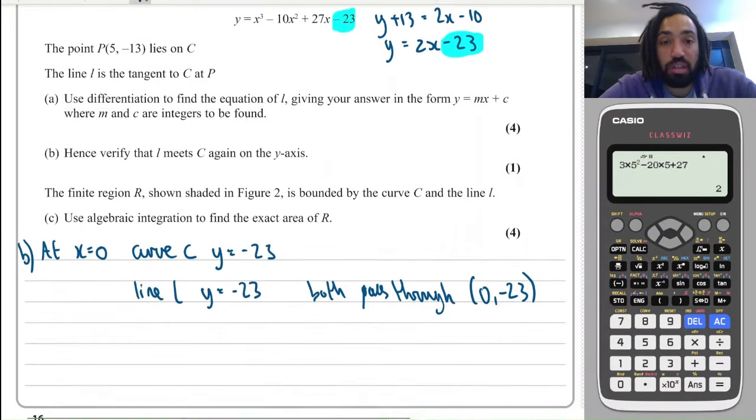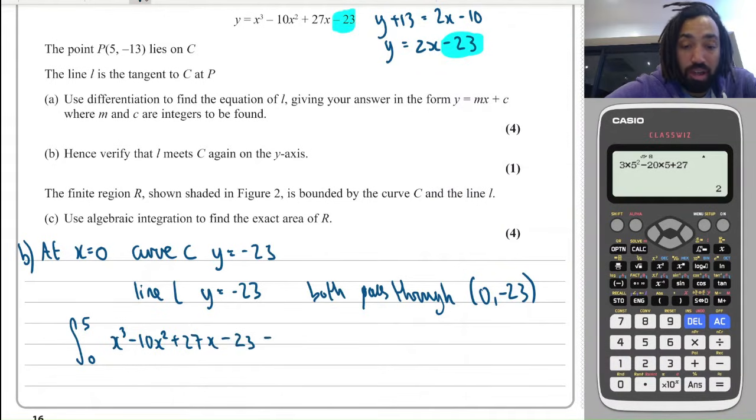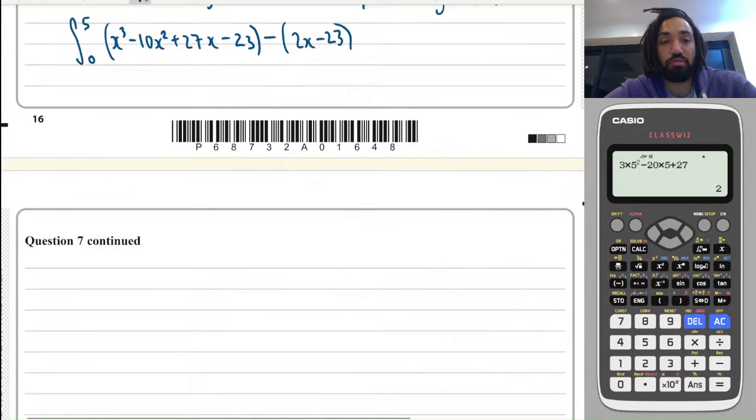So I'm going to integrate between 5 and 0, because those are our 2 bounds, the curve on top, which is that polynomial, minus the line which is on the bottom, which is 2x minus 23. Okay, so let's grab some space here.